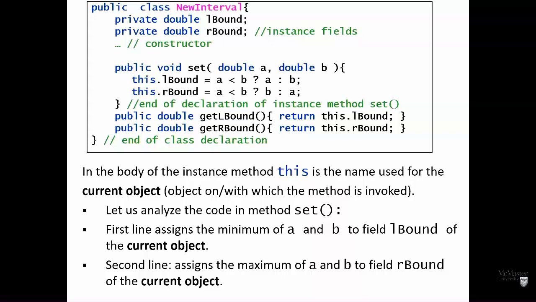So last time the way we define a new variable or object of that class is we said, for example, my interval, new interval, declaring my interval as a variable of the new interval class, and then say my interval equals new interval, allocating it in memory. That's how you declare an object or instantiate a class.